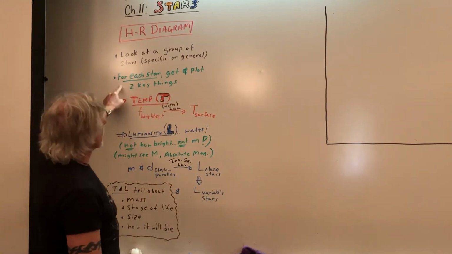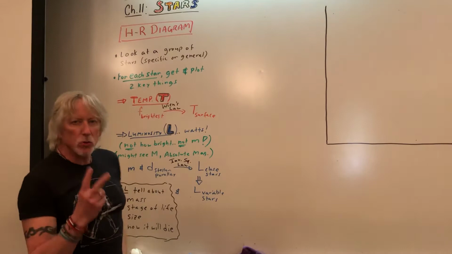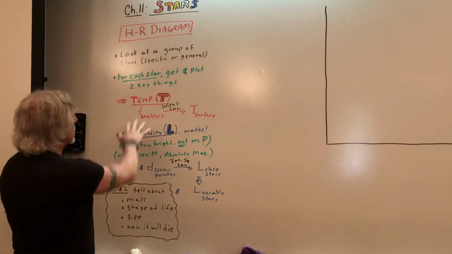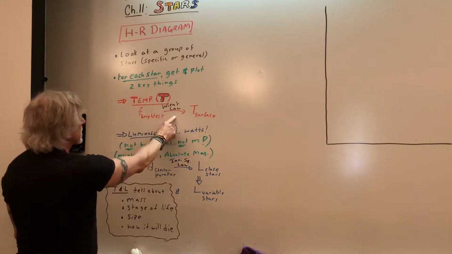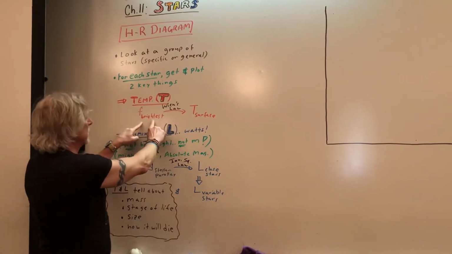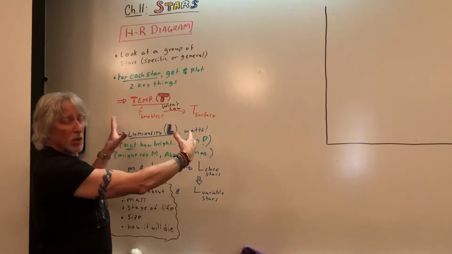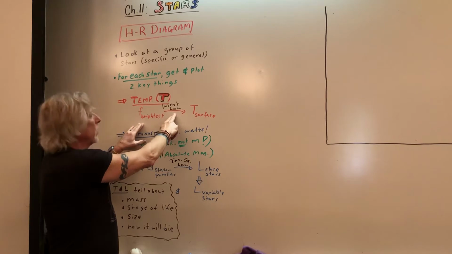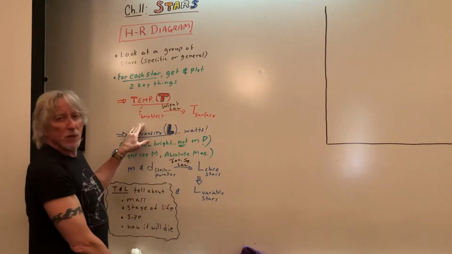For each star, we're going to get and plot two key things, and you know this now. We're going to get the temperature using Wien's law. We break it down, get the brightest frequency that star emits, throw it into Wien's law, mathematical equation, get the surface temperature of that star.